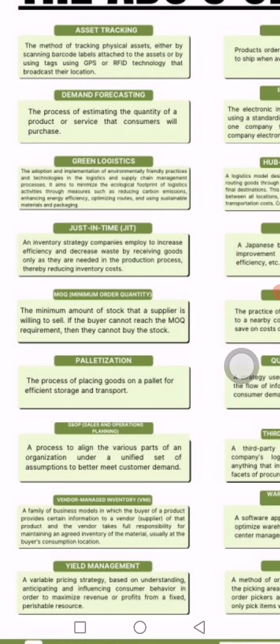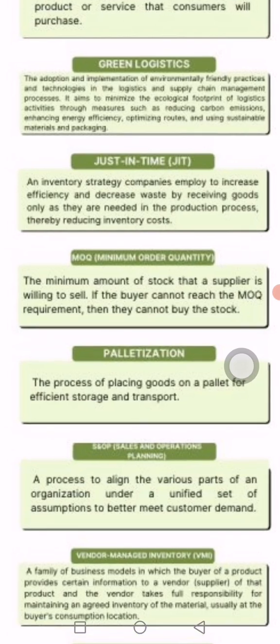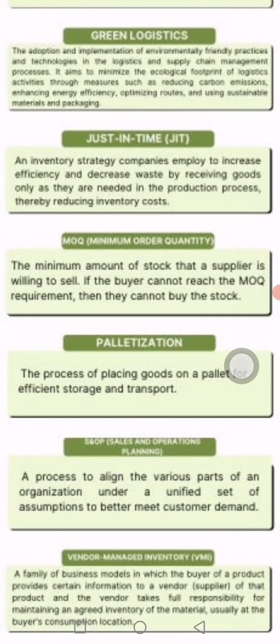Next one is just in time. Just in time means an inventory strategy employed to increase efficiency. Basically, whenever a customer orders, we must have stock in our warehouse. Our ultimate purpose is to reduce waste.